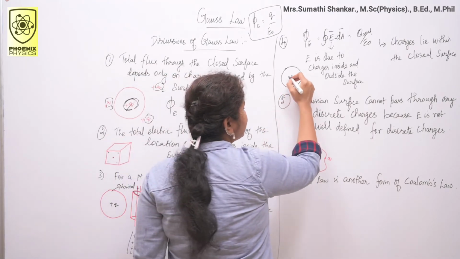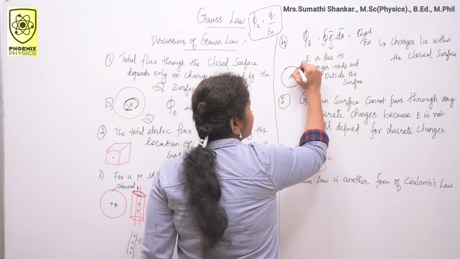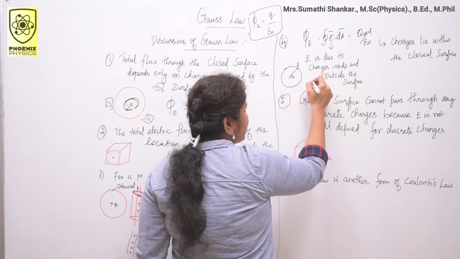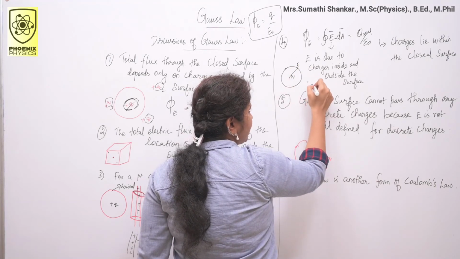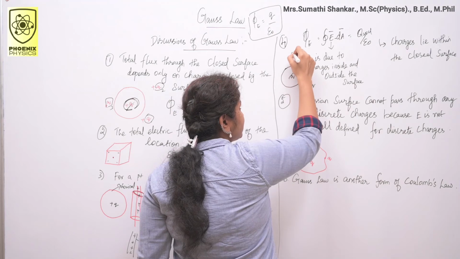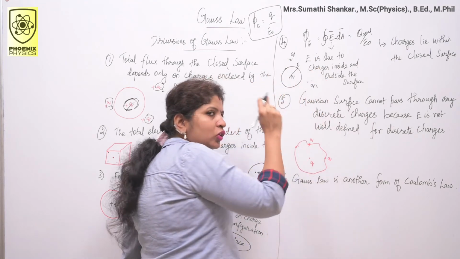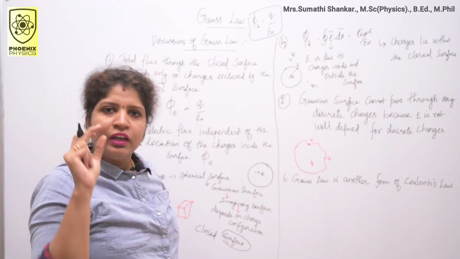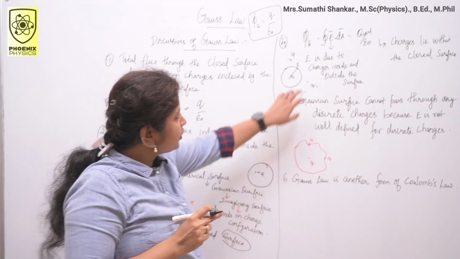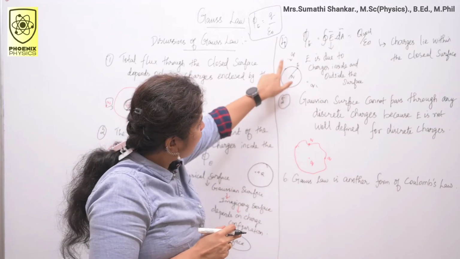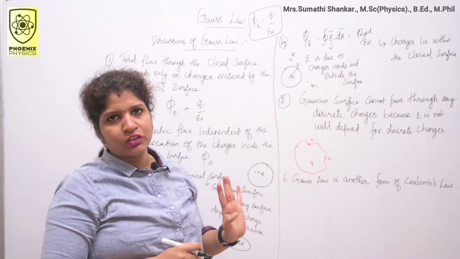So this charge has one electric field on the surface of the sphere. Same way, outside the surface I have one charge. Outside the surface I have Q2 charge also. These charges also have electric field. So what is this E? E is due to charges inside and outside the surface.